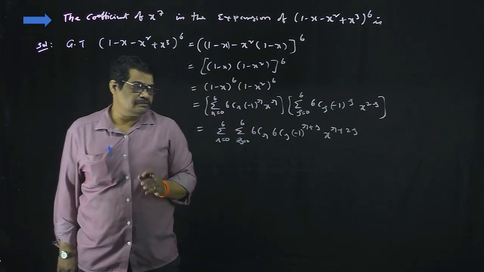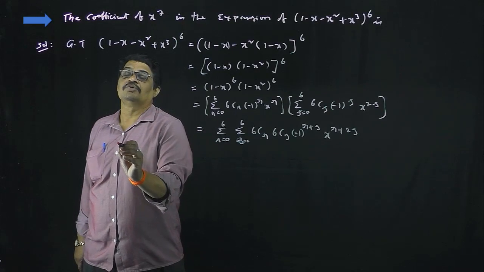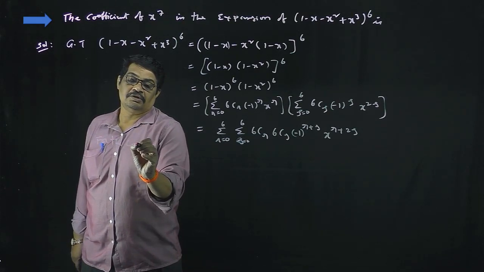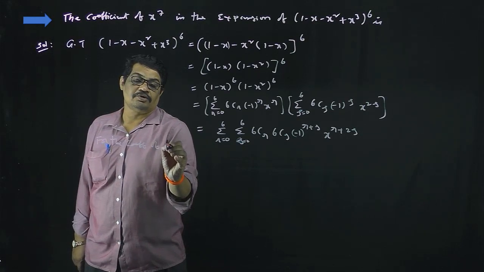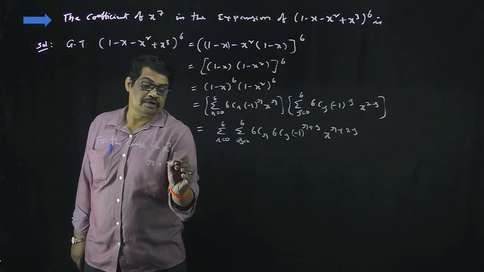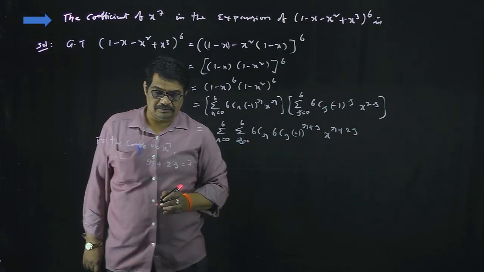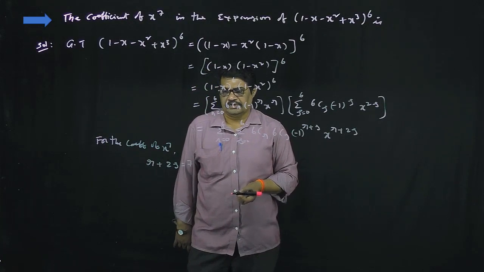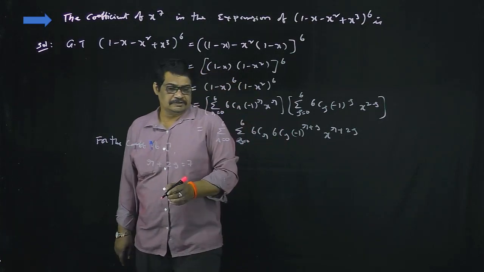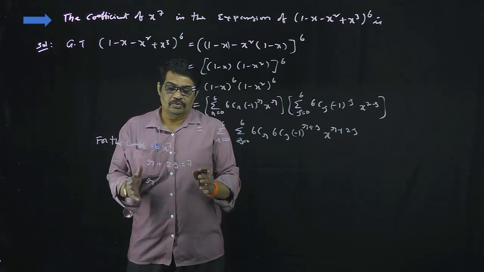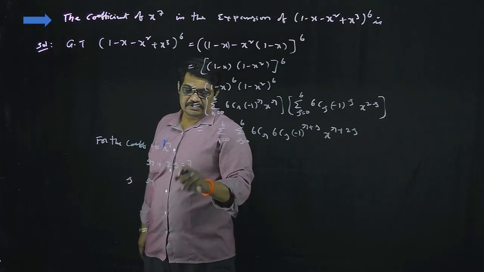Now we are finding the coefficient of x to the power of 7. We take r + 2s = 7. So we take s and r; the total sum r + 2s is 7.